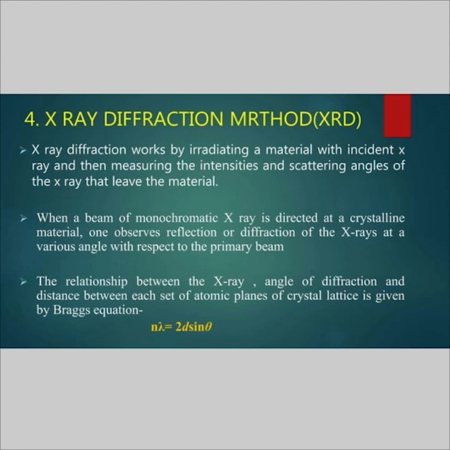Now, the relationship of the X-ray angle of diffraction and the distance between each set of the atomic planes of the crystal lattice is given by Bragg's equation, which is n lambda is equal to 2d sine theta.